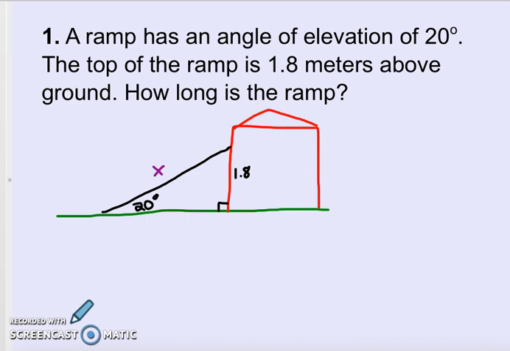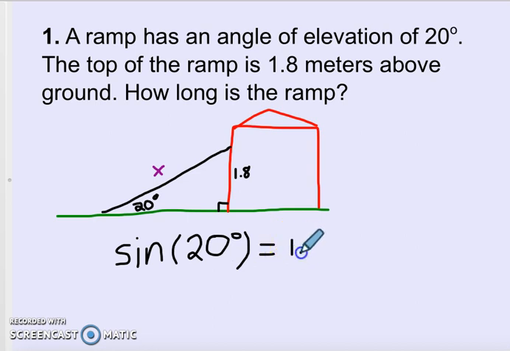I'm given the angle 20 degrees, and it looks like the opposite side is 1.8, and hypotenuse is what I'm looking for. So opposite over hypotenuse, that is sine. So I'm going to use sine for this. I'm going to say sine of 20 degrees equals opposite over hypotenuse.